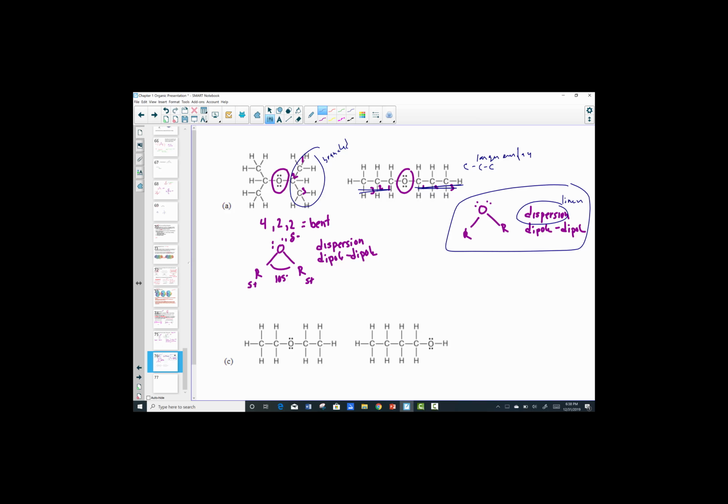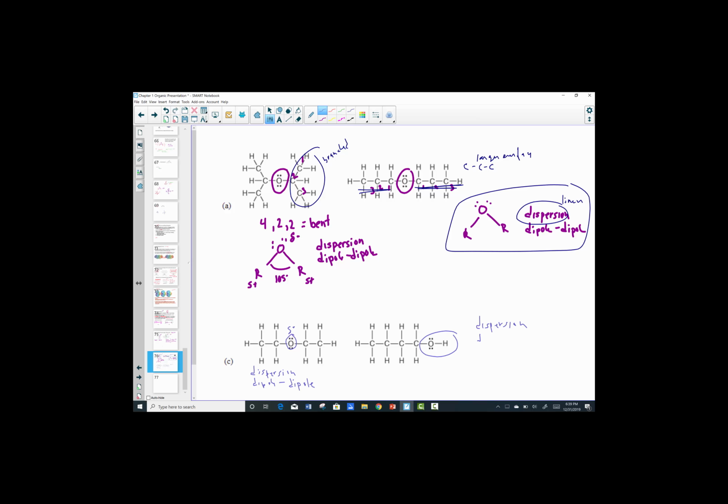Now in this example, we just talked about this particular molecule being an ether. So I have a bent structure around the oxygen, making this very electron rich. All molecules have dispersion. And this would also have dipole-dipole. Over here, this is polar, so I know that it has dispersion.